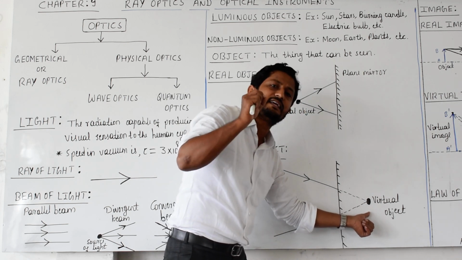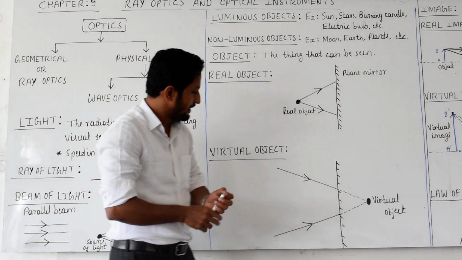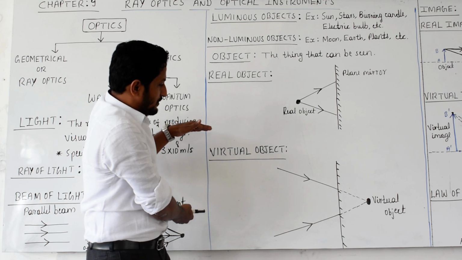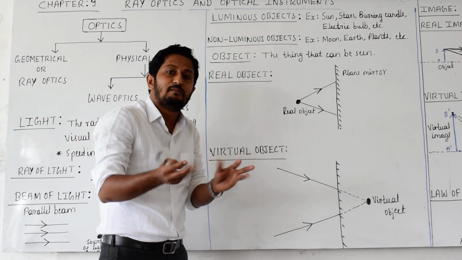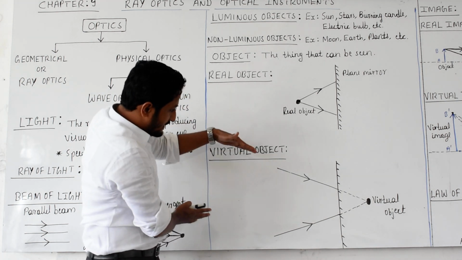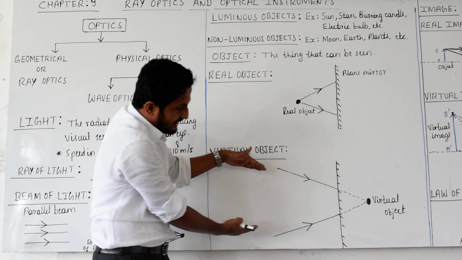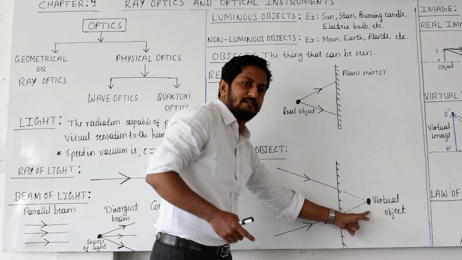There is an object. See here what we feel. If you go back like this, those two light rays are not actually going to merge. I mean, it looks like these two incident light rays are going to converge at this point.